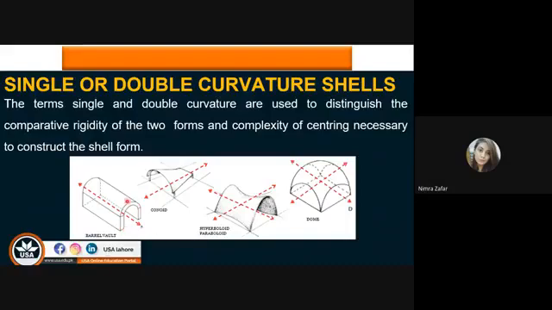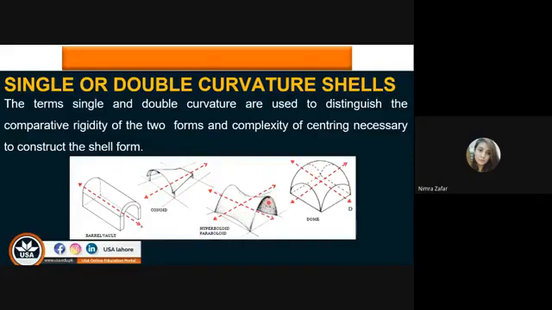So if we have this parallel wall, this is single curvature, and this is our axis, and this whole arc is constructed along this linear axis. Then in the canard, again we have this single curvature along this linear axis. Then we have hyperboloid.